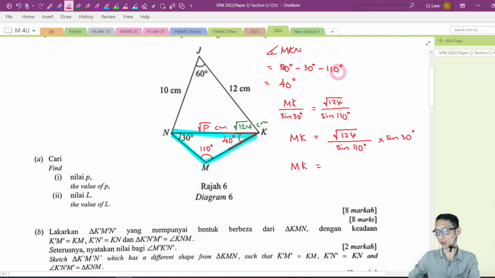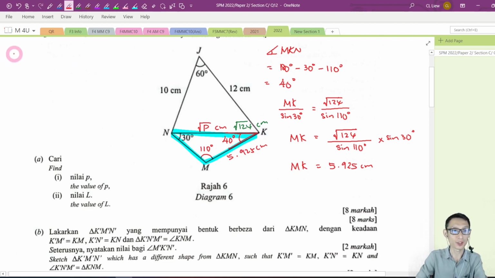Okay, this one you just press your calculator and you will be able to get the length of MK. Square root of 124 over sine 110 times sine 30. Okay, so let me just round it off to 4 significant figures. It will be 5.925 centimeters.